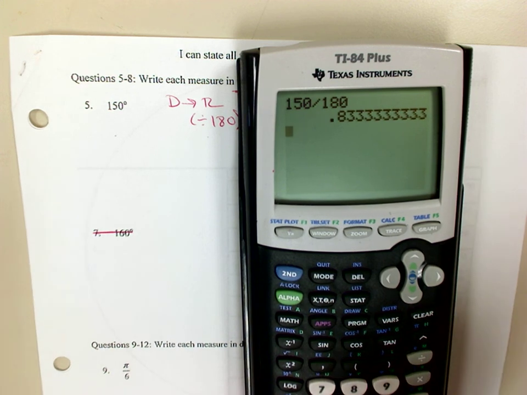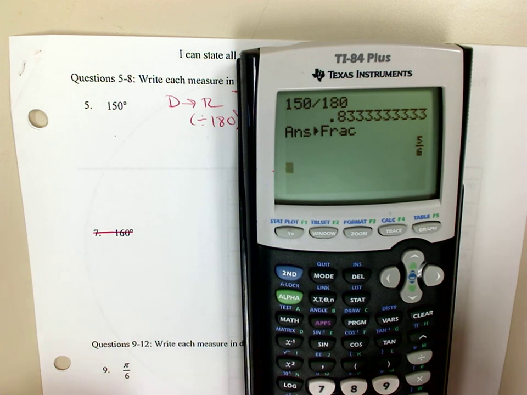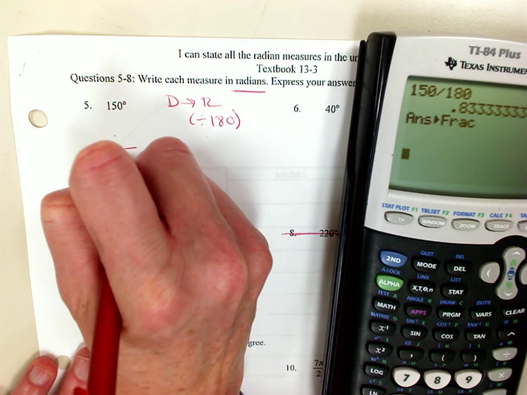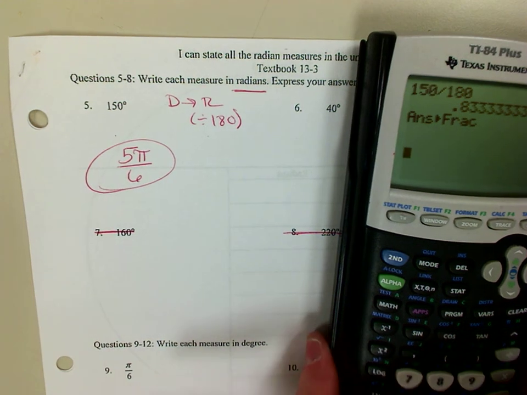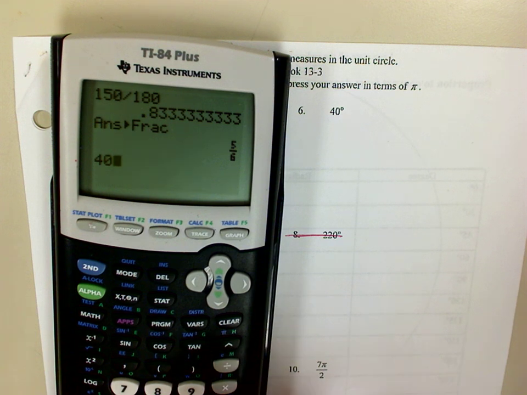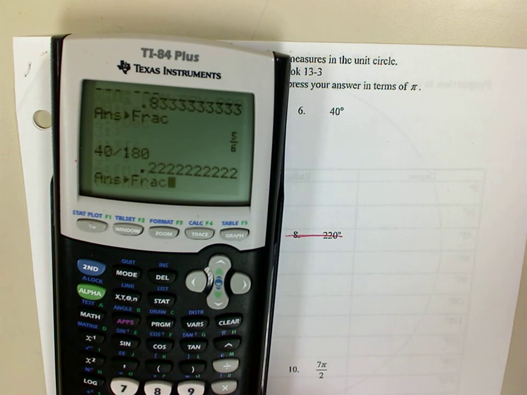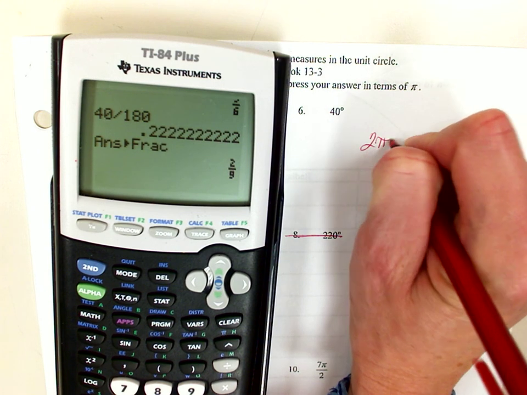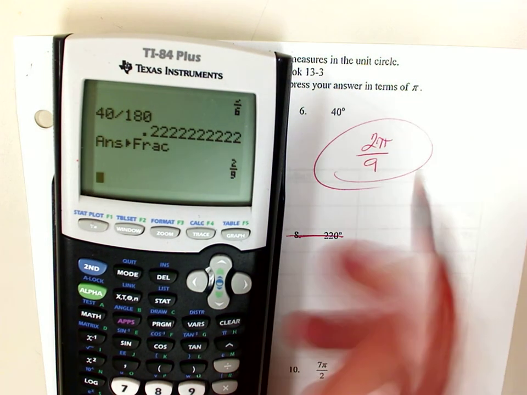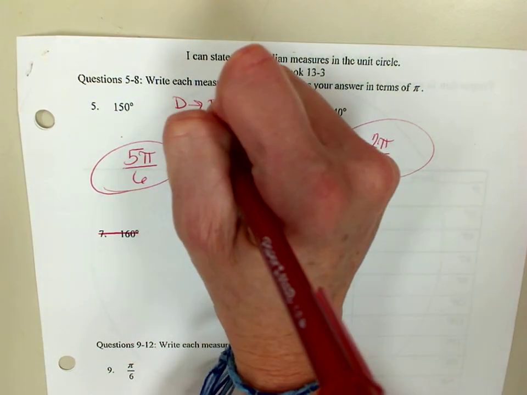And then I want that as a fraction, so math, enter, enter. I get 5/6. So 5 pi over 6. Now I'm going to do 40. 40 divided by 180. I want that as a fraction, so math, enter, enter. It's 2/9, so 2 pi over 9. So if you want radians, you always have a pi. If it's a fraction, the pi goes in the numerator.